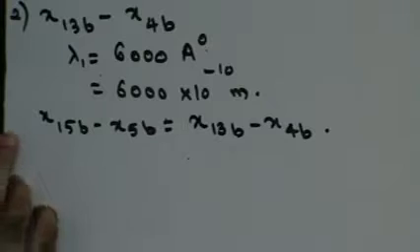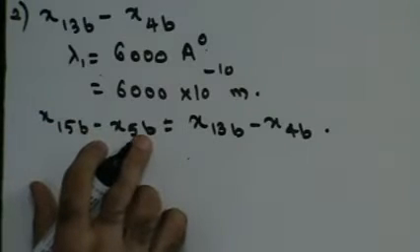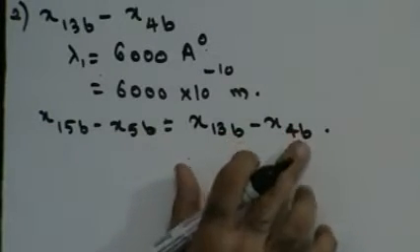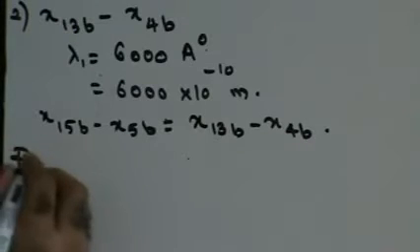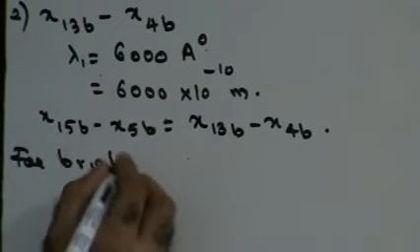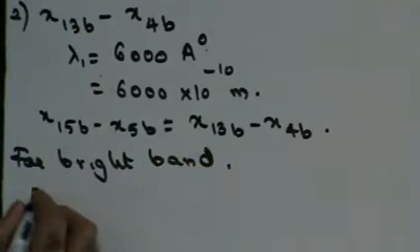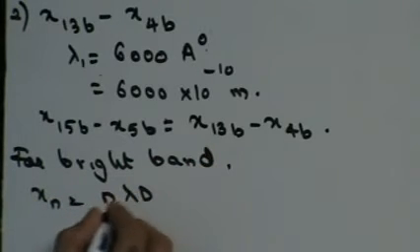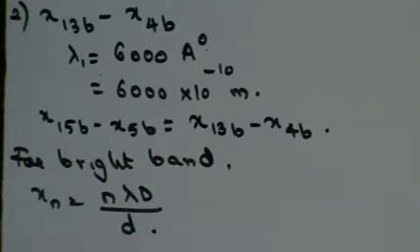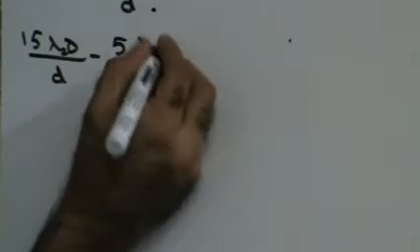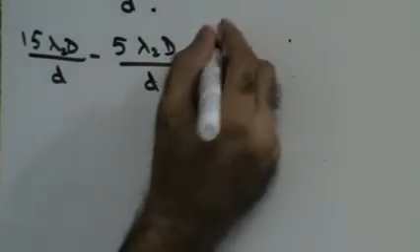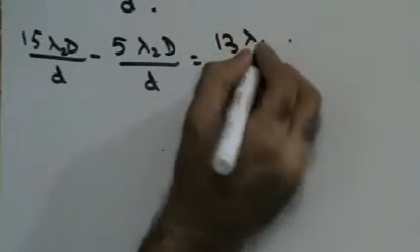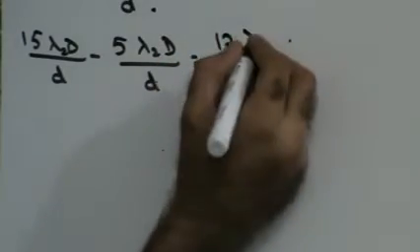Now, they give you that the distance between the 5th and the 15th bright band is the same as the distance between the 4th and the 13th bright band. Now, for bright band, we know that xn is equal to n lambda D by d. Therefore, this is going to be 15 lambda 2 D by d minus 5 lambda 2 D by d is equal to 13 lambda 1 D by d minus 4 lambda 1 D by d, because remember the wavelength of light had been changed.